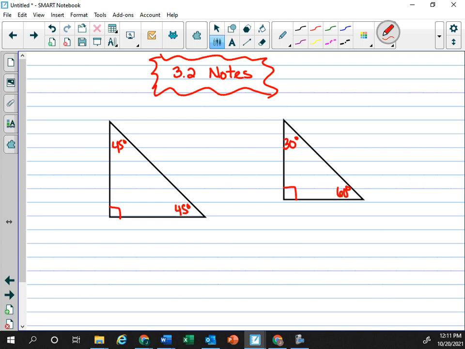All right, both of these are going to have a hypotenuse of 1. I want you to find what the other sides are going to be. And yes, rationalize.